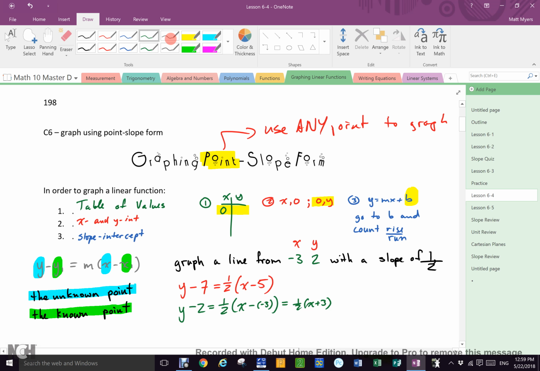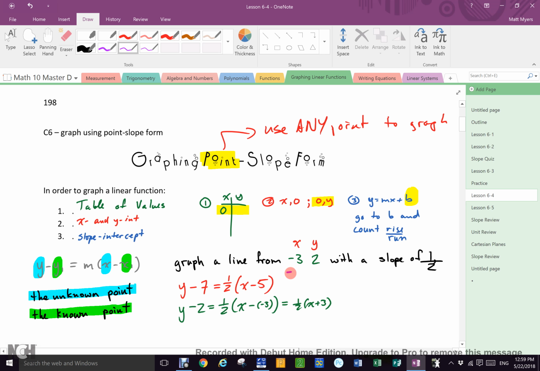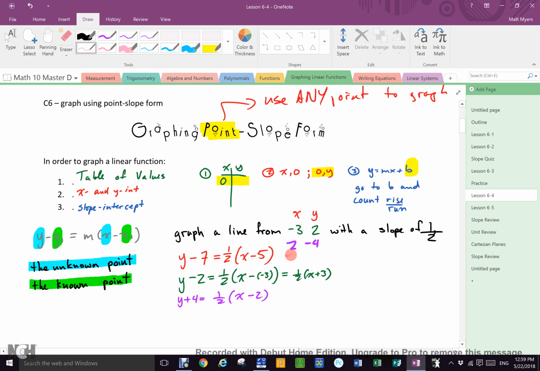What if I changed it to -2, -4? Then what would it be? Y plus 4 equals 1/2 X minus 2. All right. And what if I changed it to -3, -7? Y plus 7 would equal 1/2 X plus 3.